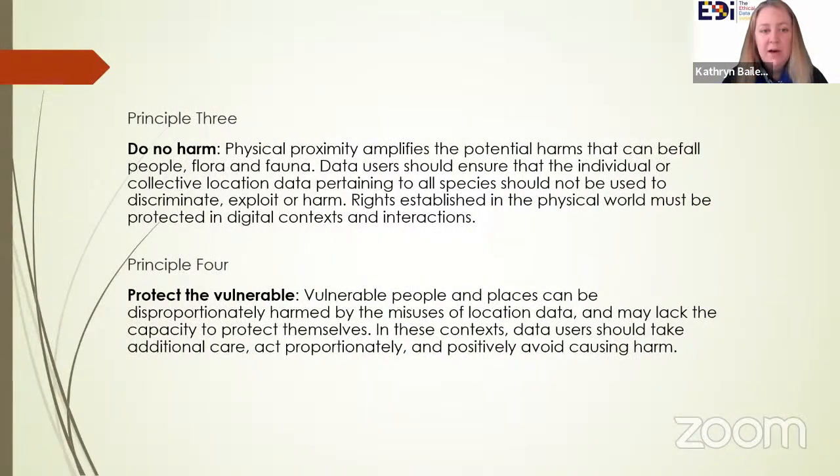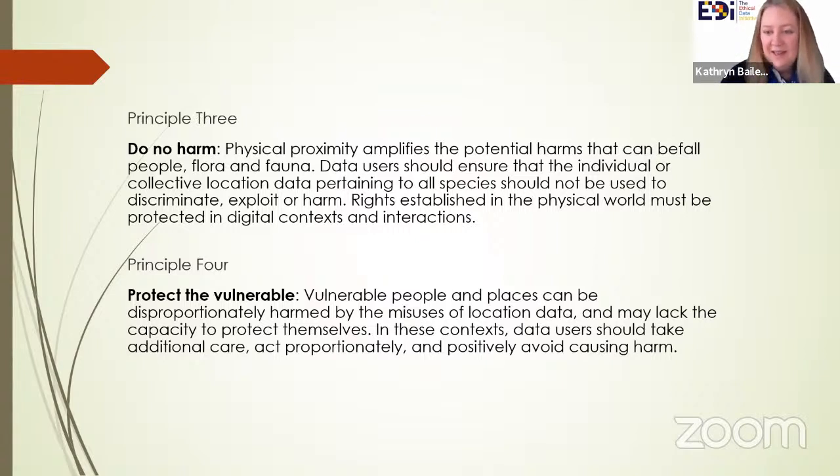Principle 3, do no harm. Physical proximity amplifies the potential harms that can befall people, flora and fauna. Data users should ensure that individual or collective location data pertaining to all species should not be used to discriminate, exploit or harm. Rights established in the physical world must be protected in digital contexts and interactions.